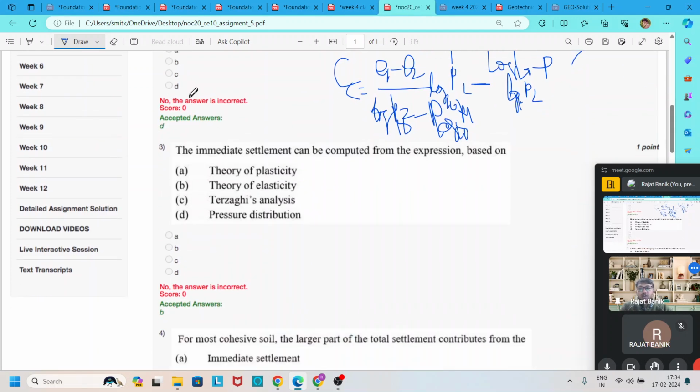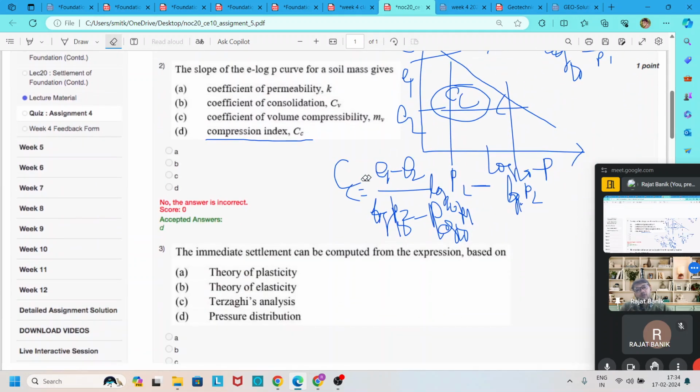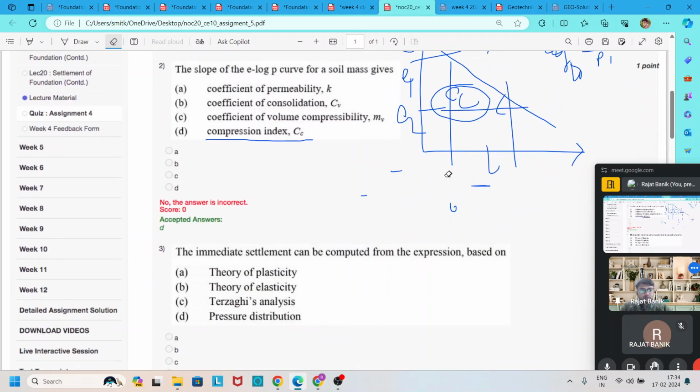Now we go to question number 3. Please look into question number 3. It is asked that the immediate settlement can be computed from an expression based on what.